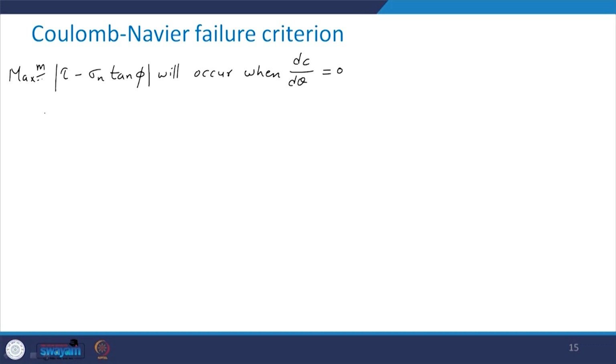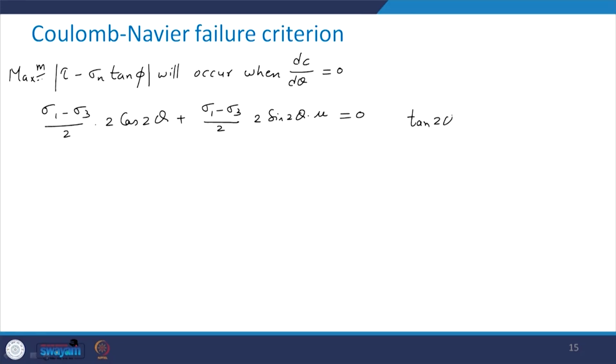What we are going to get is (sigma 1 minus sigma 3) upon 2 into 2 cos 2 theta, plus (sigma 1 minus sigma 3) upon 2 into 2 sine of 2 theta into mu, equal to 0. Now I write tan of 2 theta equal to minus 1 upon mu.